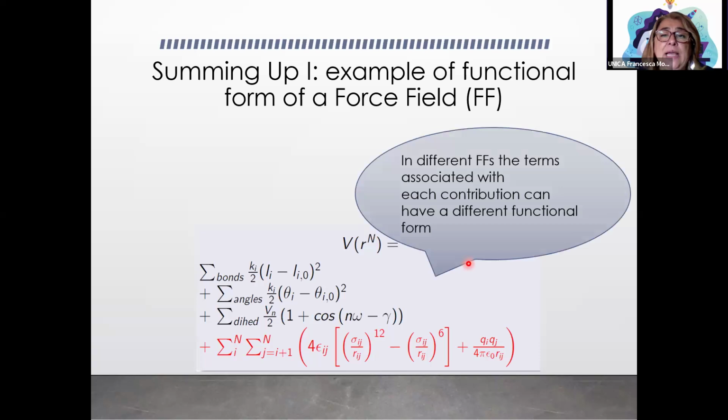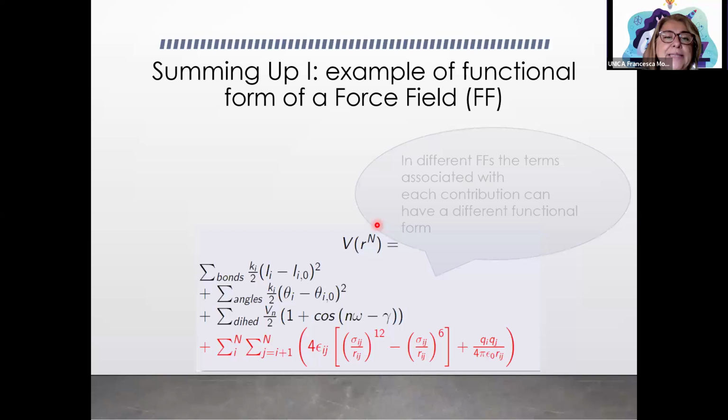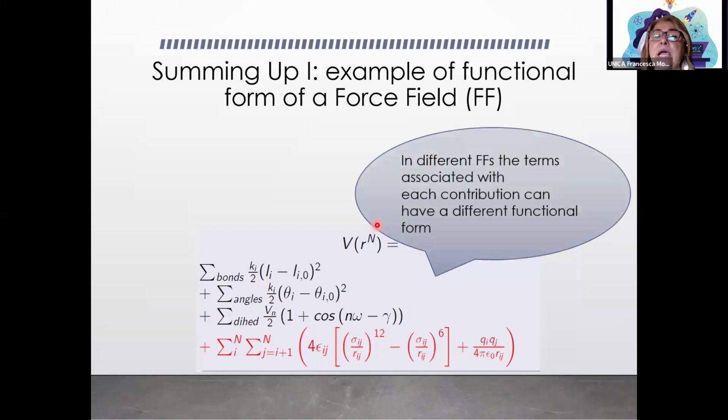So we have here different terms, and while the functional form can be the same for Amber force field or CHARMM force field or other force fields, the set of parameters, K, and so on, can be different. So a force field is defined both by the functional form and by the parameters, and it is not good practice to mix the parameters of one force field with the parameters obtained for another force field.